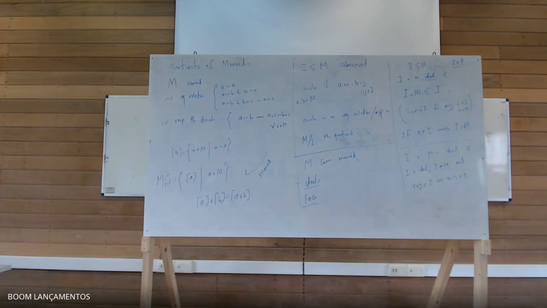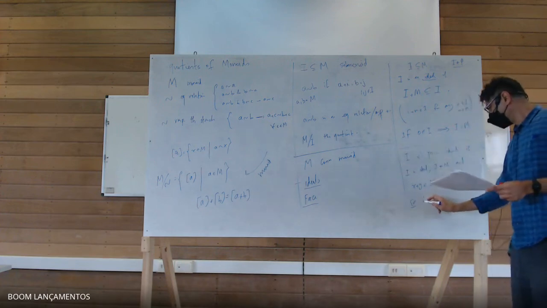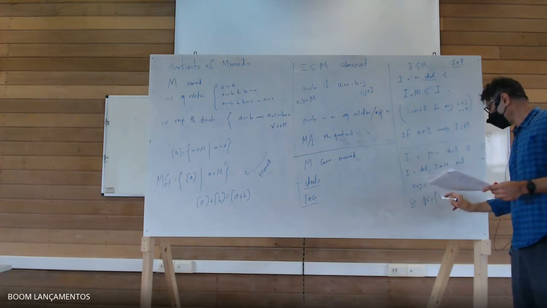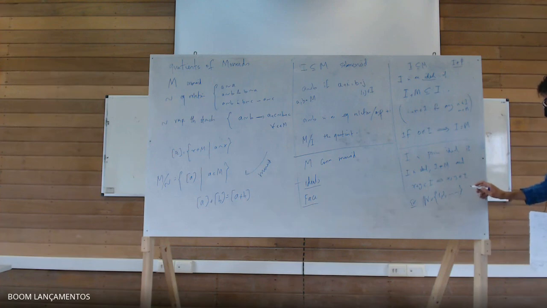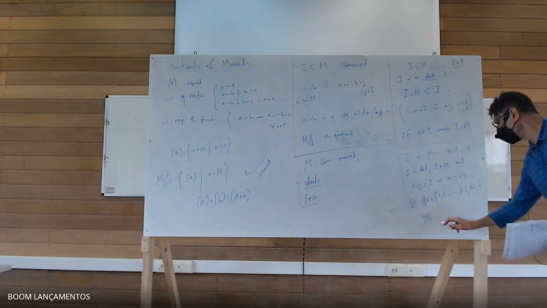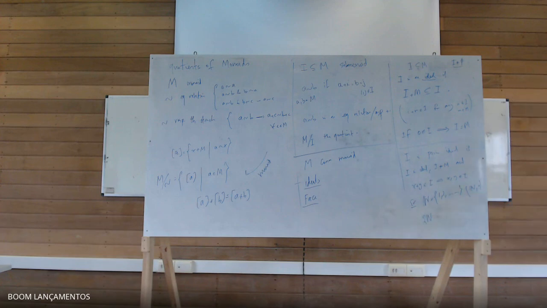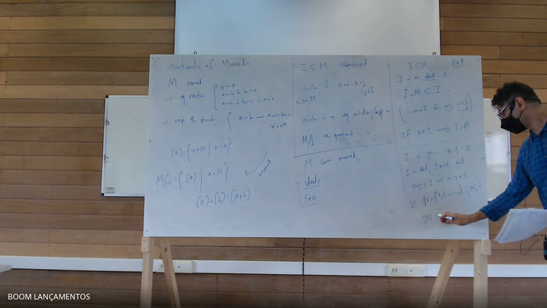But let me give you an example. I came up with this example last night. So if your monoid is the natural numbers 1, 2, and so on, with multiplication, that makes sense, right? With multiplication, this is a monoid, and 1 is the identity. Then 2N, the even numbers, well, this is an ideal, and it's a prime ideal.